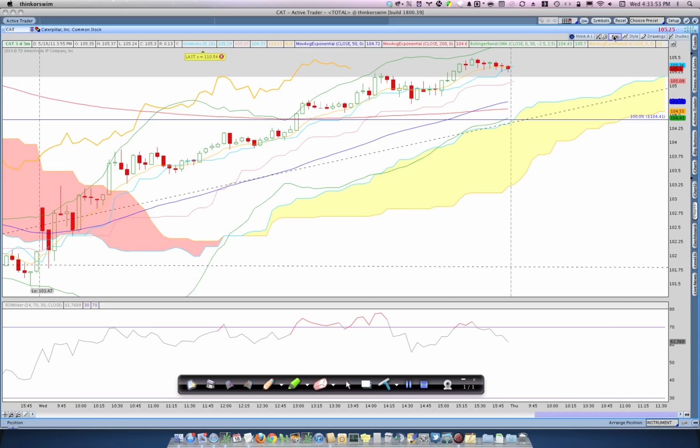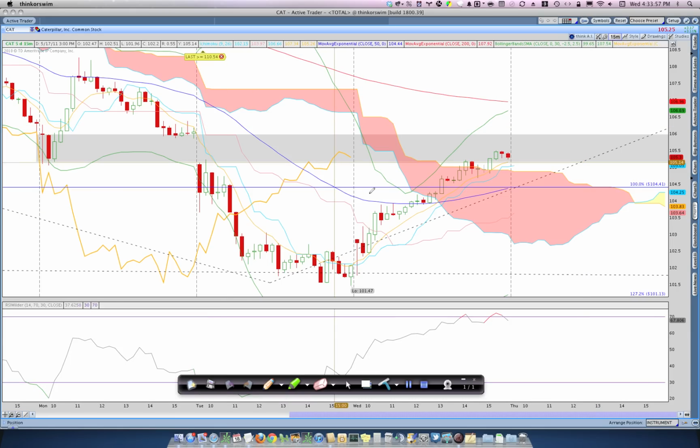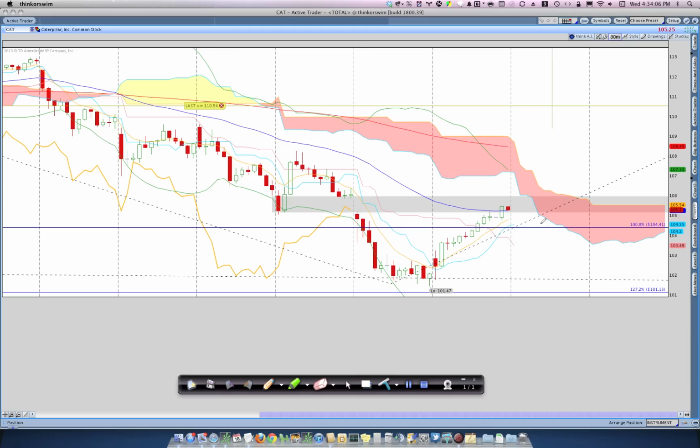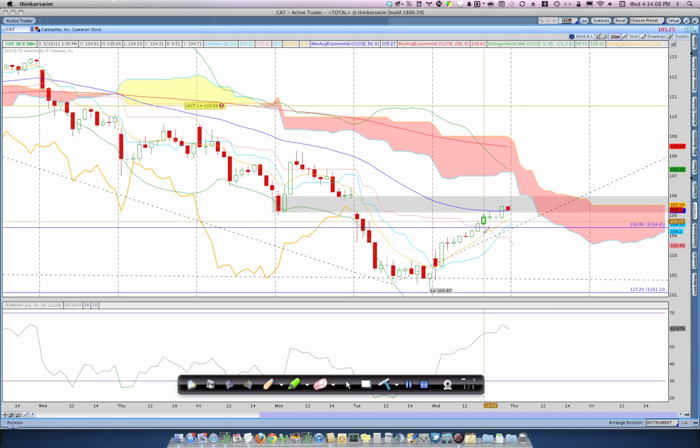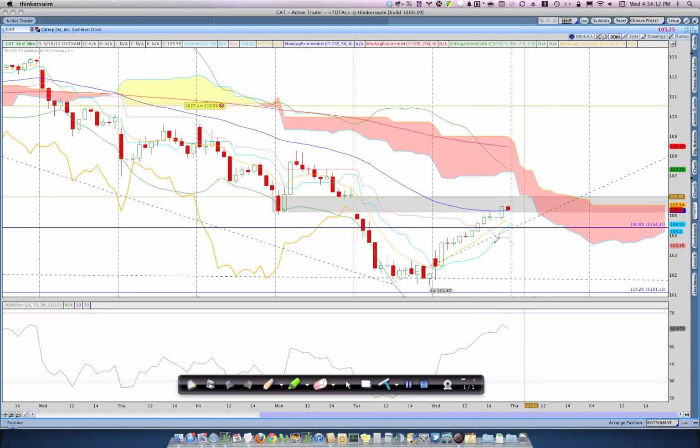I don't think we had really anything to worry about all day long, so we switched to the 15-minute, and you see that on the 15-minute, it was even able to breeze right through quite comfortably through a lot of resistance on the 15-minute cloud. Then you move up to the 30, and the 30 never even came into the picture today. Now the 30-minute cloud comes into the picture tomorrow, and I would be watching for resistance around 106 on the 30-minute cloud.